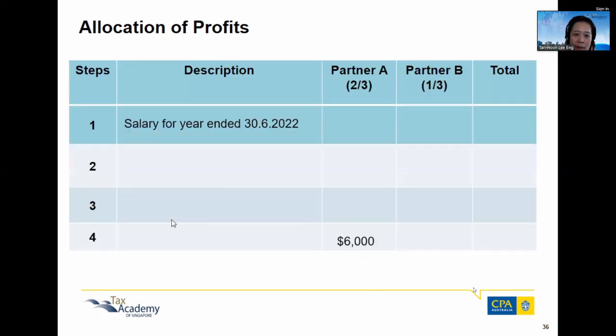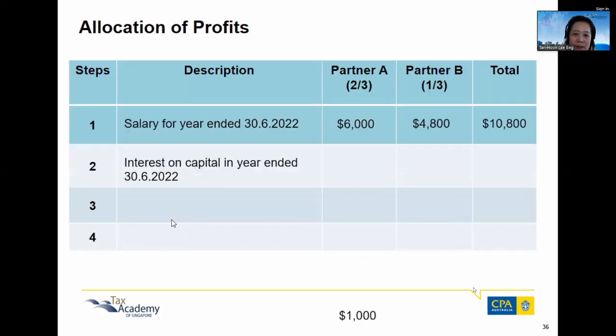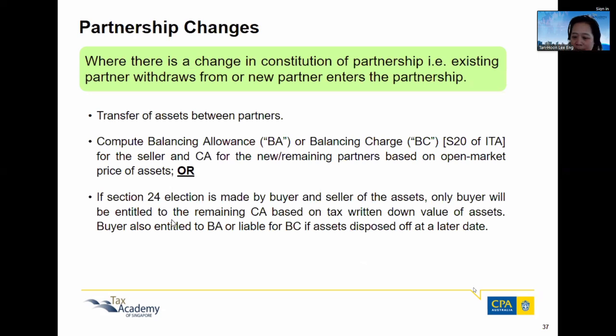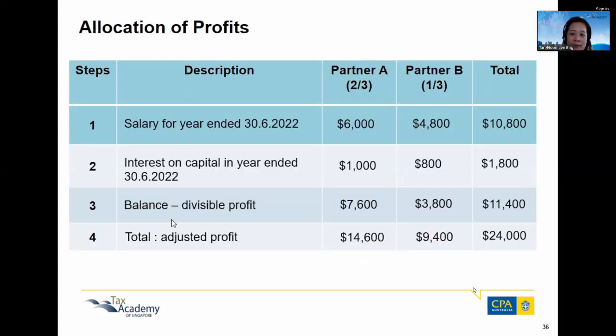I think I show everything first, then I explain. Just now, remember I told you the adjusted profit is 24,000. Oops, I just touched something and it went to the next slide. Adjusted profit 24,000, as per the example.